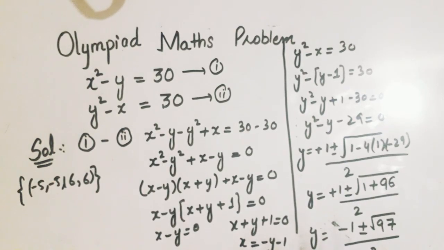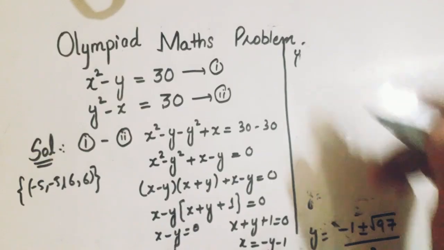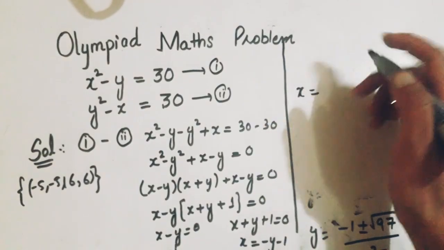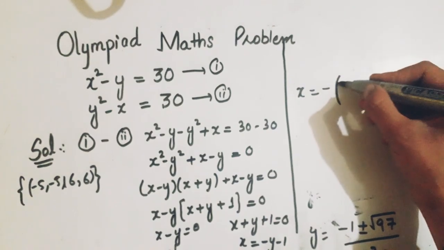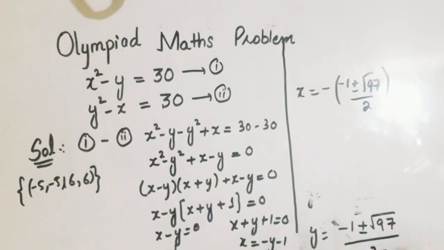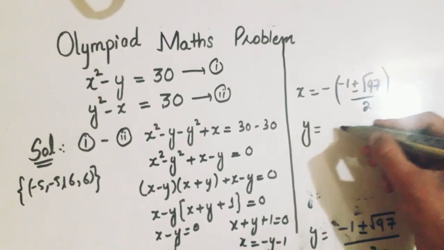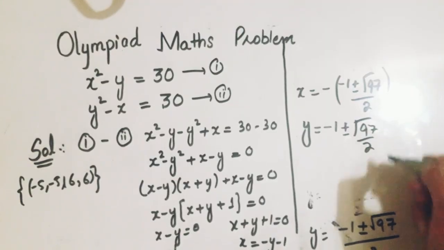We will write the answer here in the ordered pair form. x equals minus y minus 1, so the value of x is minus 1 minus plus root of the expression divided by 2, and y is minus 1 plus minus root of the expression divided by 2.